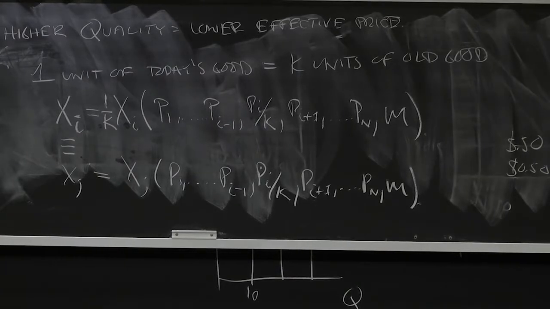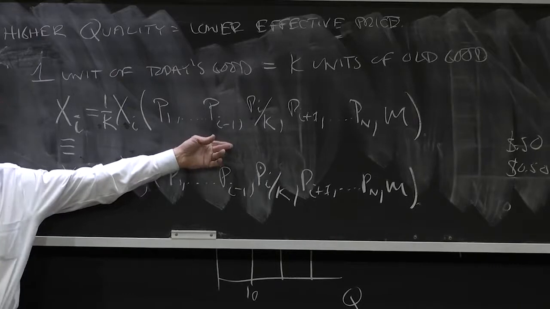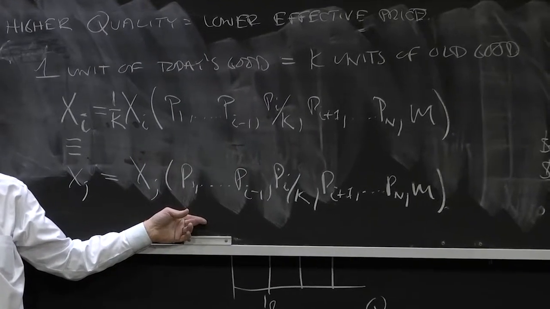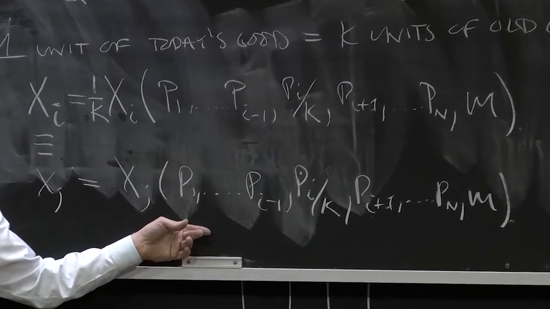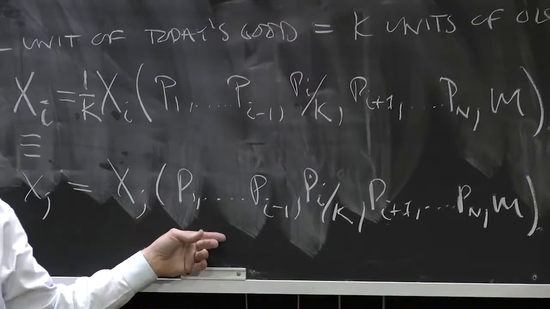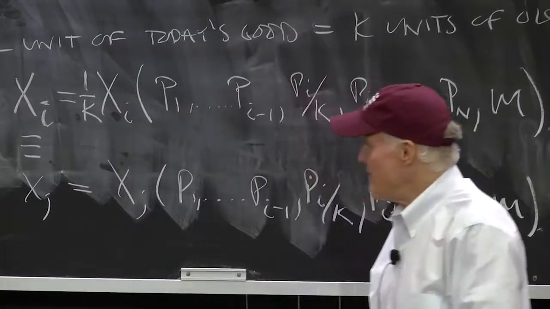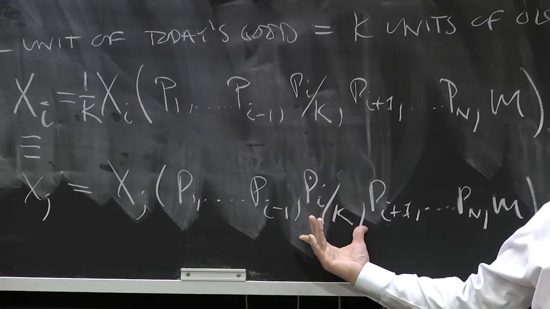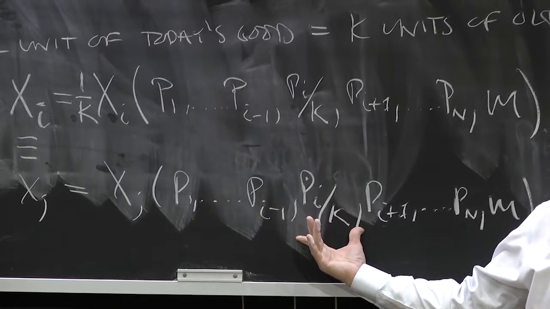What should I see? If this good is getting higher quality, what should happen in this good if it's a complement? Consumption should be rising for these complements, right? That is, I get an idea of how much quality is going up by how much it's driving up the quantity of complements and down the quantity of substitutes.